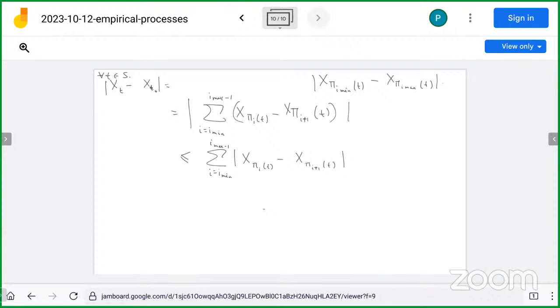Each one of these is sub-Gaussian, and now I put expectations. I put the expectation of the supremum here, here, here. That's what I want to compute: the expectation of the supremum over this.